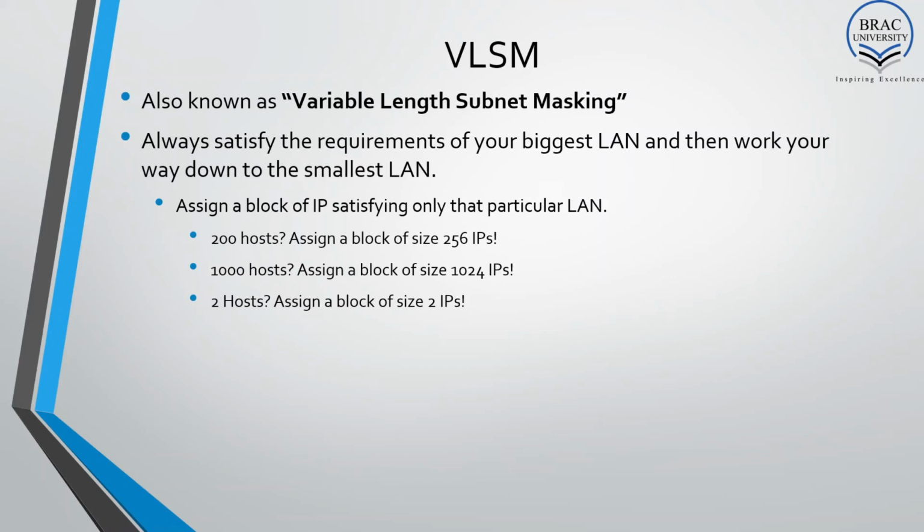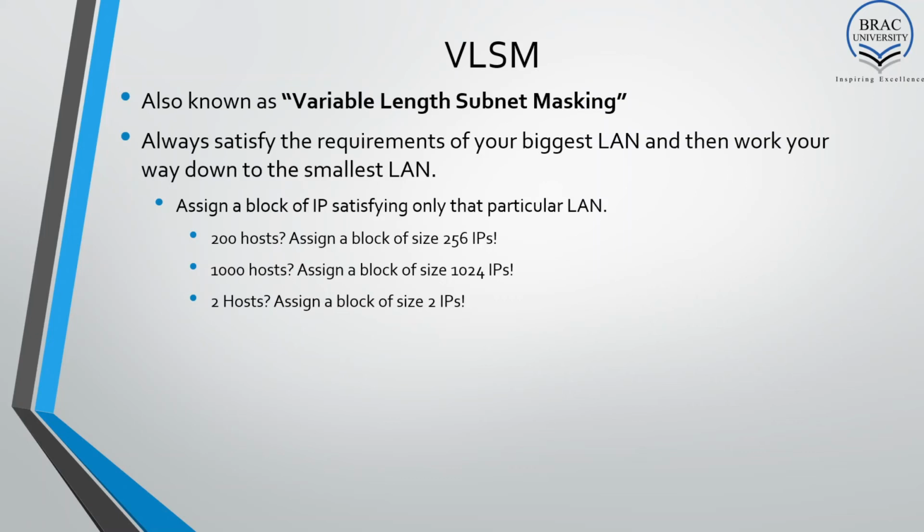All right. So fixed length subnet masking was done once, that was it, and here I can have whatever I need. I can keep on breaking the subnets into smaller subnets to achieve smaller size networks.